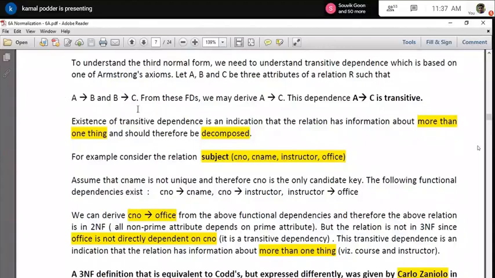But in that particular table, the C, the other column, should also be dependent upon A, because A is the prime column. But if you look into this data, you'll find that C actually depends on B. That means B is non-prime, C is also non-prime. So one non-prime column depends upon another non-prime column.